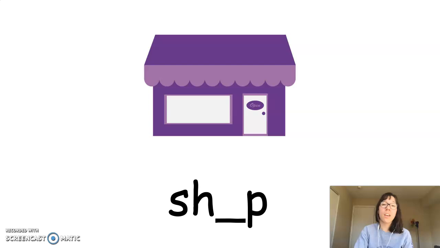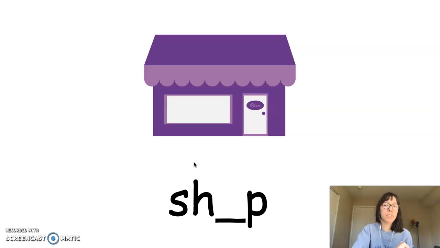Shop. Now be careful. The word shop has 4 letters, but only 3 sounds. That means that we have something called a consonant digraph in this word. The letters SH are working together to make one sound. Sh, sh, sh. So in this word, when we stretch it, it'll look like this. Shop. Sh, o, p, shop.